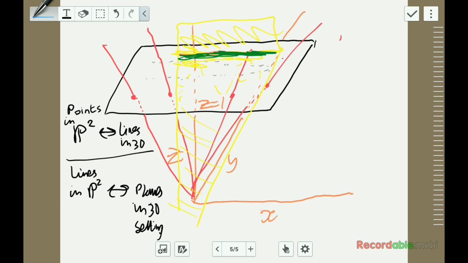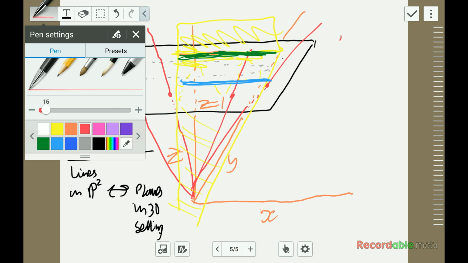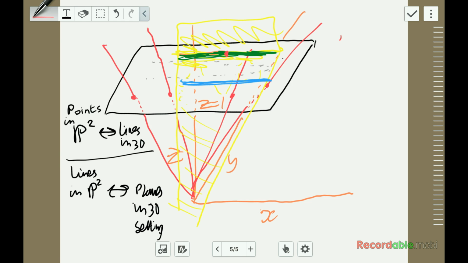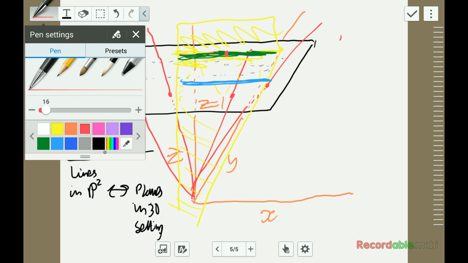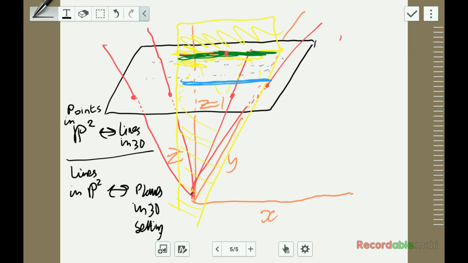So we have this yellow plane which cuts this green line, and imagine we have another plane which cuts this blue line. So we have these supposedly parallel lines. Now, we can have a point on the green line, which would obviously be represented by something coming out of the origin, which I should draw in black this time.